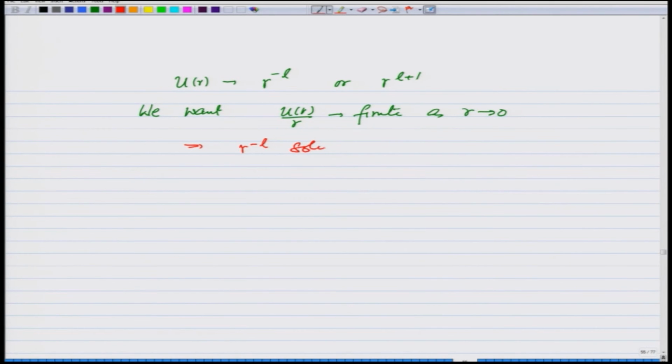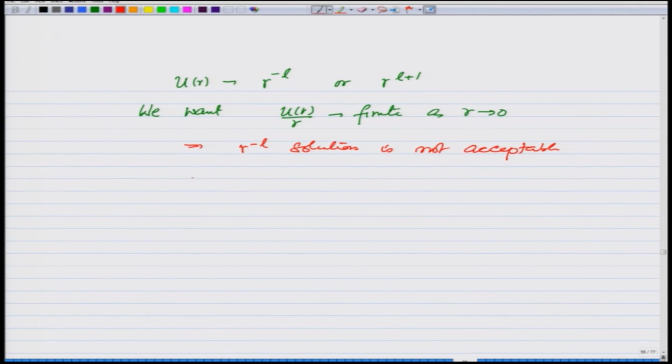So, what we found is that u(r) goes as either r raised to minus L or r raised to L plus 1. We want u(r) over r to be finite as r tends to 0, because R should remain finite, and therefore, the r raised to minus L solution is not acceptable.